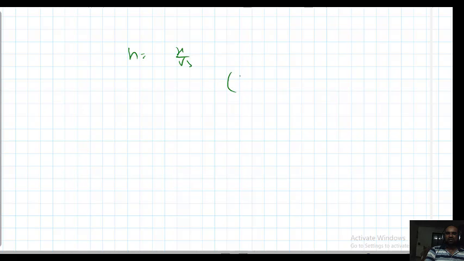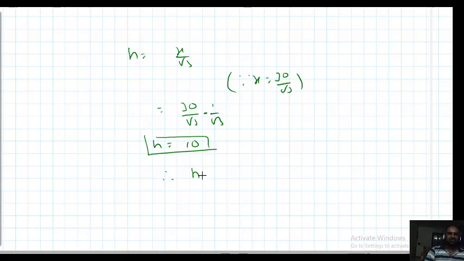Just now you got x as 30 by root 3. Just substituting, 30 by root 3 into 1 by root 3, that is 30 by 3, so h equals 10 meters. Therefore, the height of the building equals 10 meters.